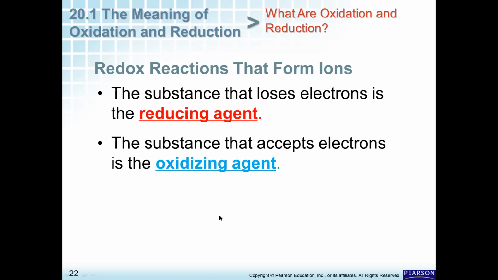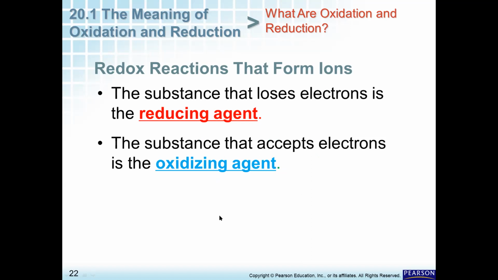Now, what causes this? Why is the one which is oxidized being oxidized, and why is the one which is reduced being reduced? Because oxidation and reduction happen at the same time. So the one which is causing the other material to get reduced, which is the one oxidized, we call it the reducing agent. And the one which is getting reduced but causing the other material to be oxidized, we call it the oxidizing agent.